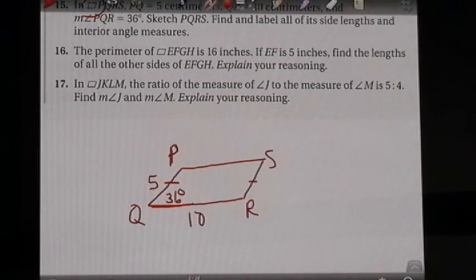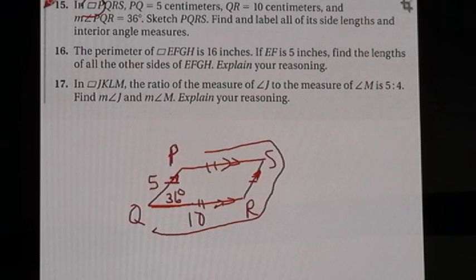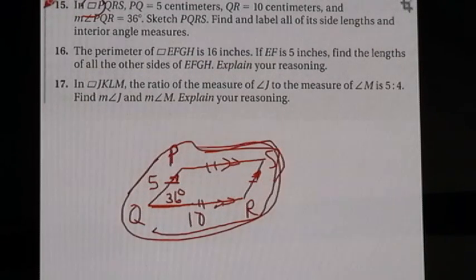You could mark it with equal sides or parallel marks. Okay, and remember to put your vertices in order around the figure. PQRS. Oops, PQRS. We're going this way.